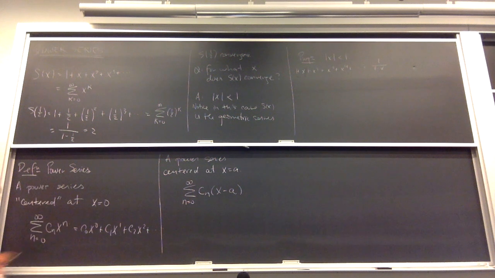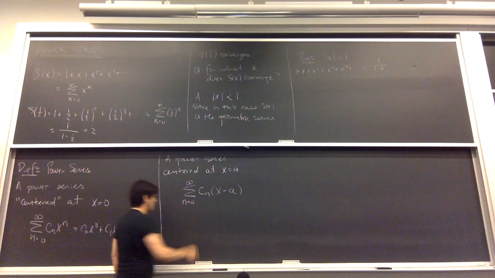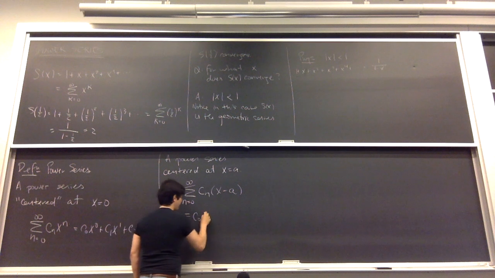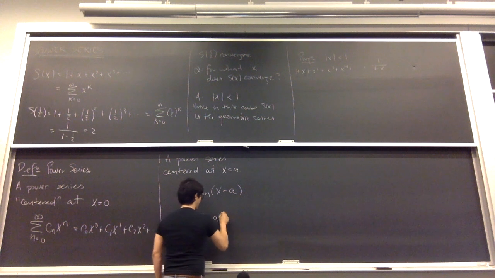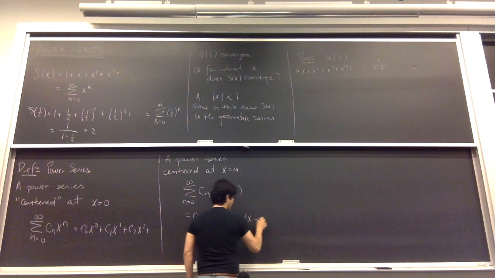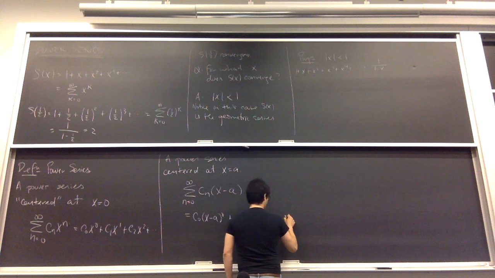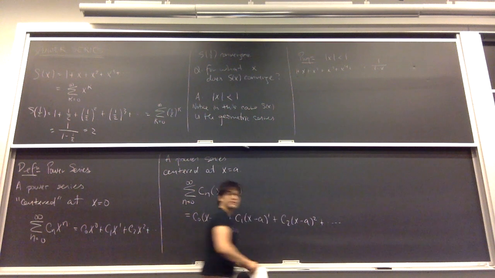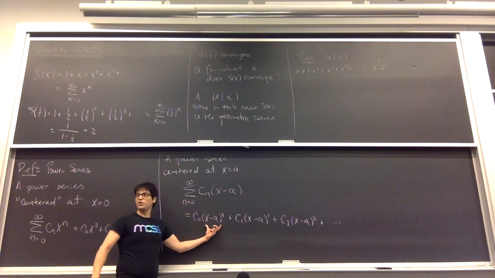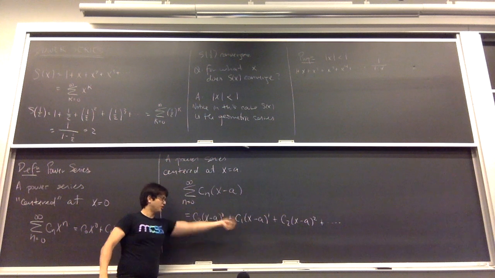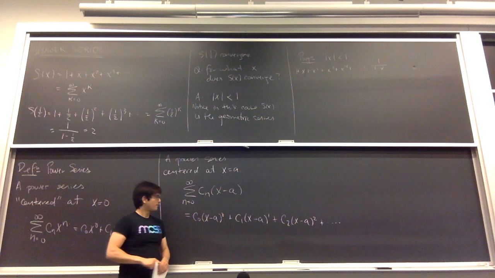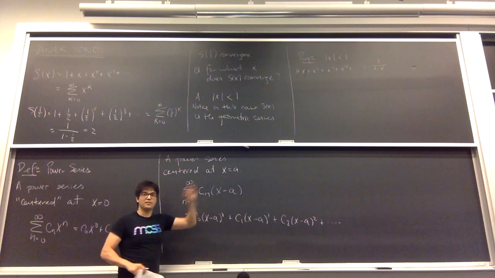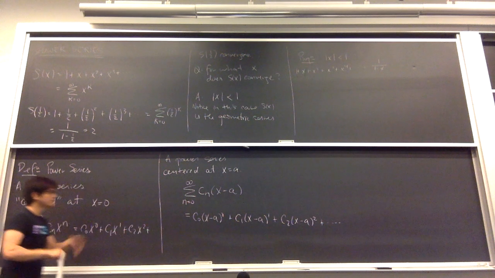Instead of having a polynomial in x to the 0, x to the 1, x squared, we're going to have a polynomial in (x minus a) to the 0 plus (x minus a) to the 1 plus (x minus a) squared, and so on. It's like we've introduced a new variable, which allows us to shift left and right. But you can also just expand this and it becomes a normal polynomial in just x's.